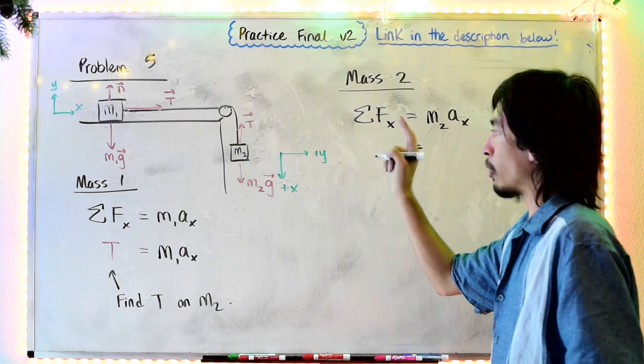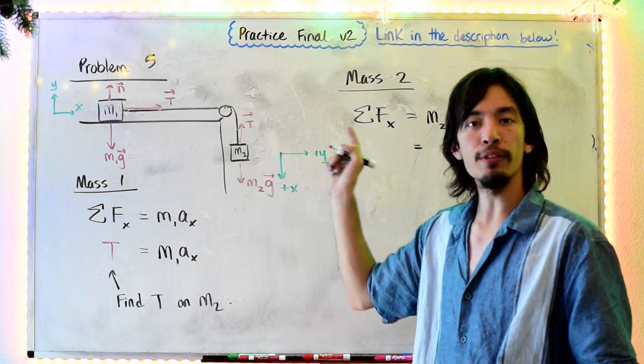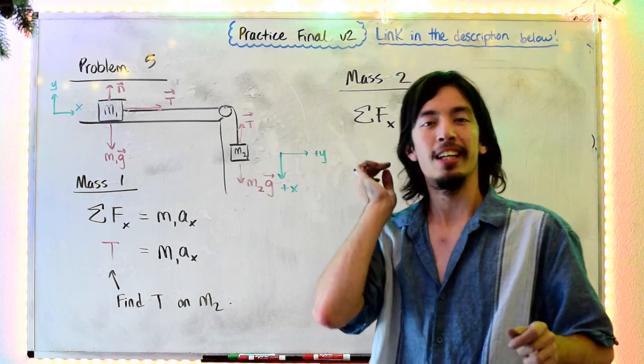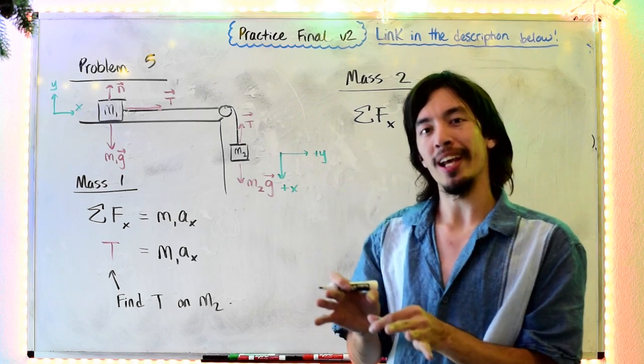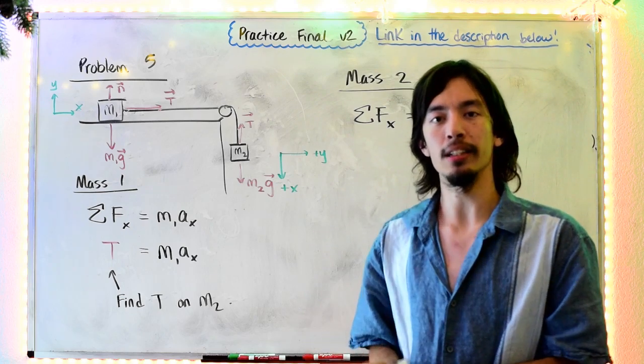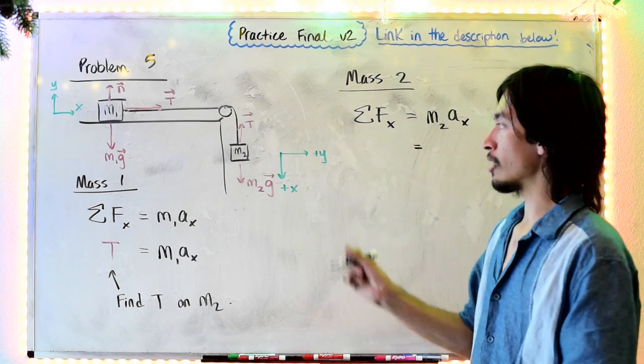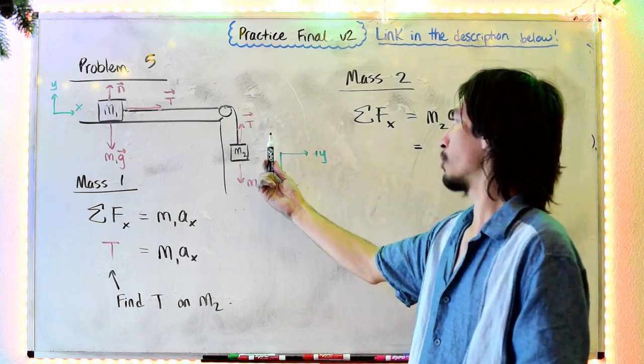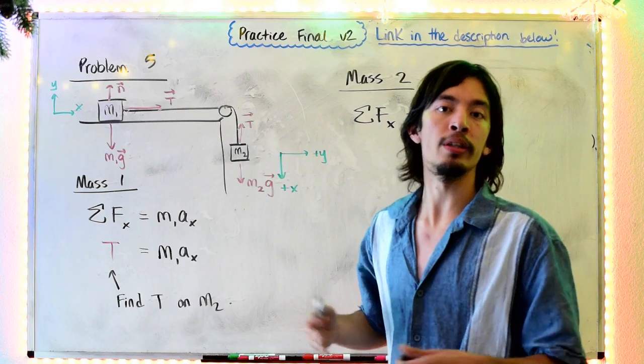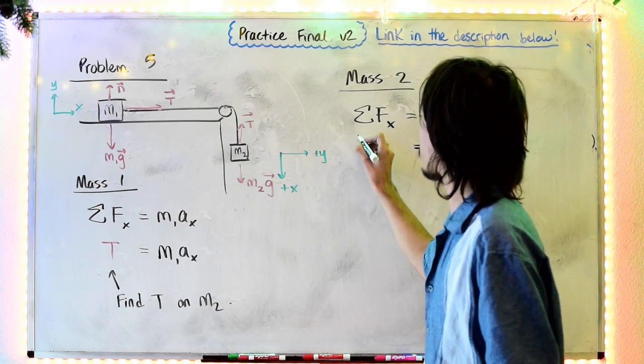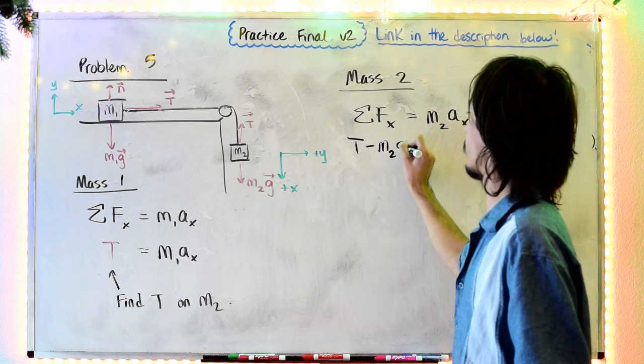Now, the most common mistake, again, is that even if you write your coordinate system correctly, there's a very fair chance that you're going to still accidentally write the forces wrong. Because most of the time, you're accustomed to positive going upwards, so you're naturally going to want to say, oh, it's the tension minus the weight.